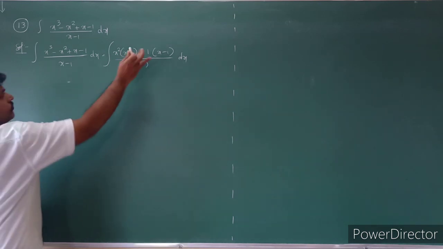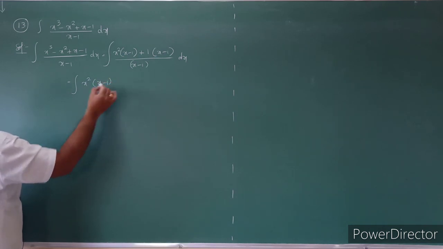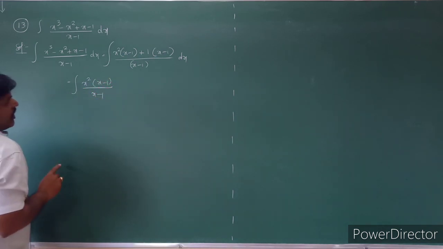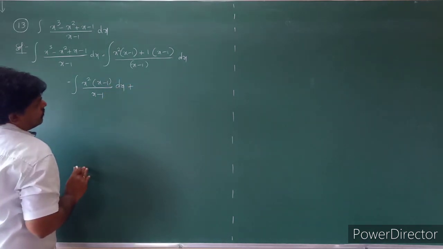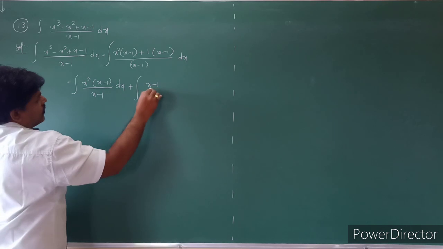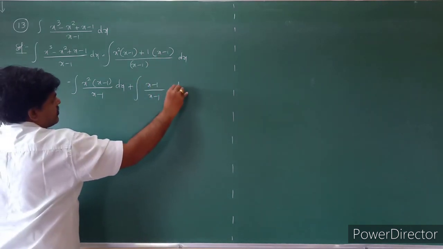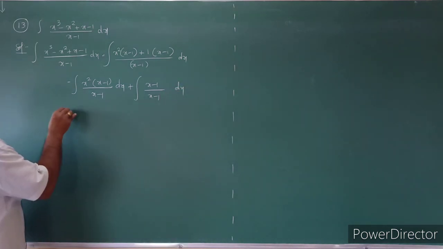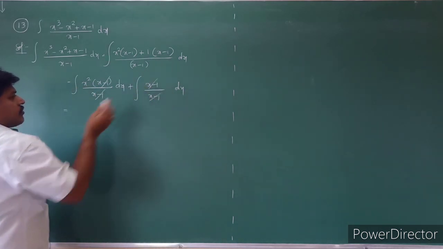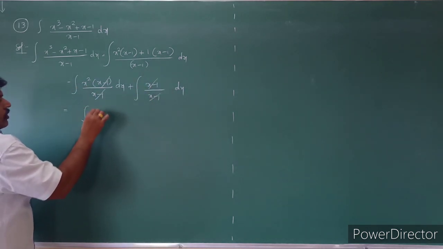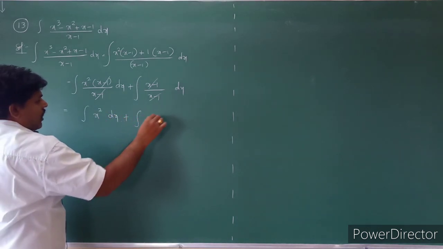That is equal to integral of x square into (x minus 1) by (x minus 1) into dx plus integral of (x minus 1) by (x minus 1) into dx. So x minus 1 will be cancelled, x minus 1 will be cancelled. It is integral of x square into dx plus integral of 1 into dx.